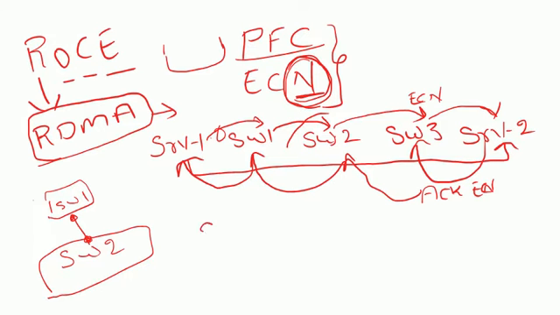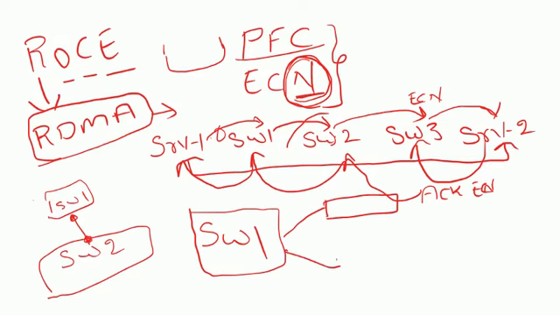Switch 1, it is server 1 and this is server 2. So here and here and this point and this point, we enable PFC. So PFC is peer to peer, ECN is end to end.